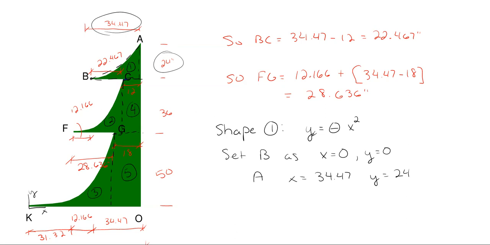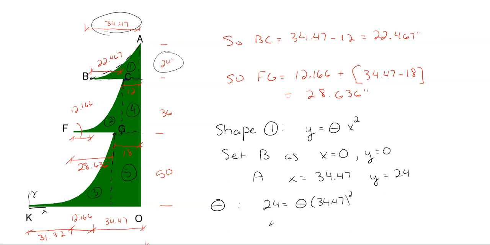Well, this means that when I plug in x for this equation of theta x squared, theta is such that it pops out y equals 24. Well, let's find out what theta is. So theta would be: 24 is equal to theta times 34.47 squared.